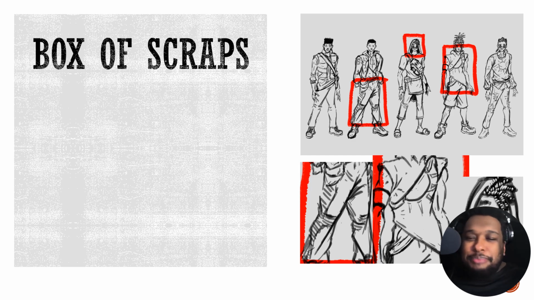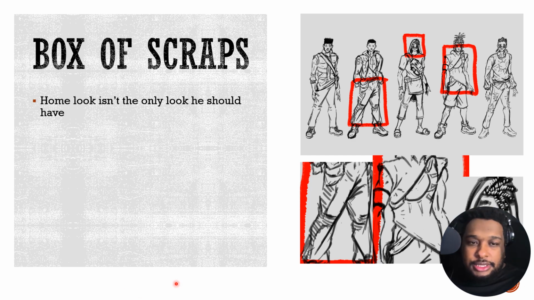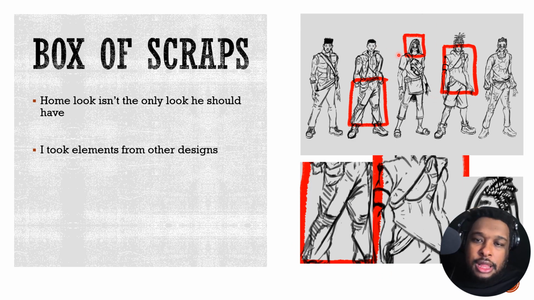So let's get the box of scraps. I'm gonna take all the elements that I like from the other ones, and as you can see here, oh, my face is covering this one a little bit, but I like that weird vest thing and the pants from the athletic look and the hood and hairstyle from the weirder one in the middle.